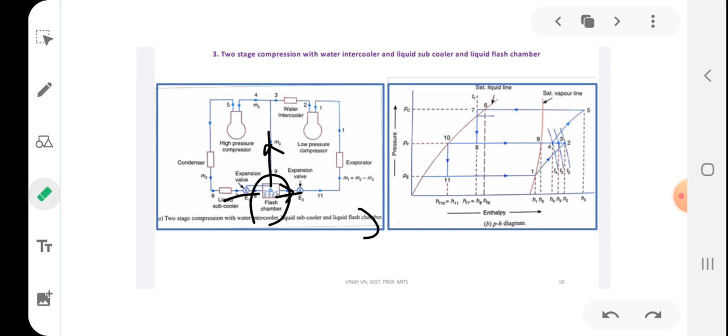So what was the difference? In the flash chamber, the refrigerant, which was a mixture of vapor and liquid, was separated, and liquid goes in this direction, vapor goes in this direction, okay? So that was the case.